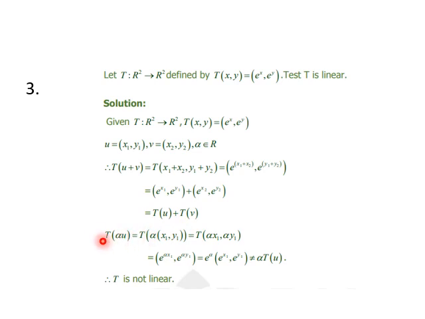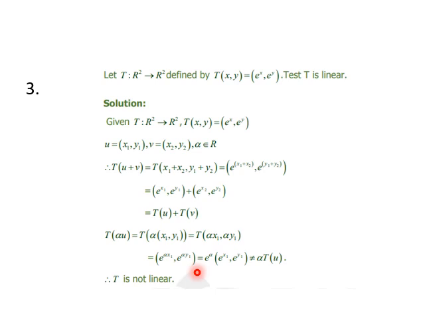Now the next one, T(alpha u). So alpha is to be multiplied with u = (x1, y1). Both components get multiplied with alpha, so (alpha x1, alpha y1). So now this will be equal to (e^(alpha x1), e^(alpha y1)).